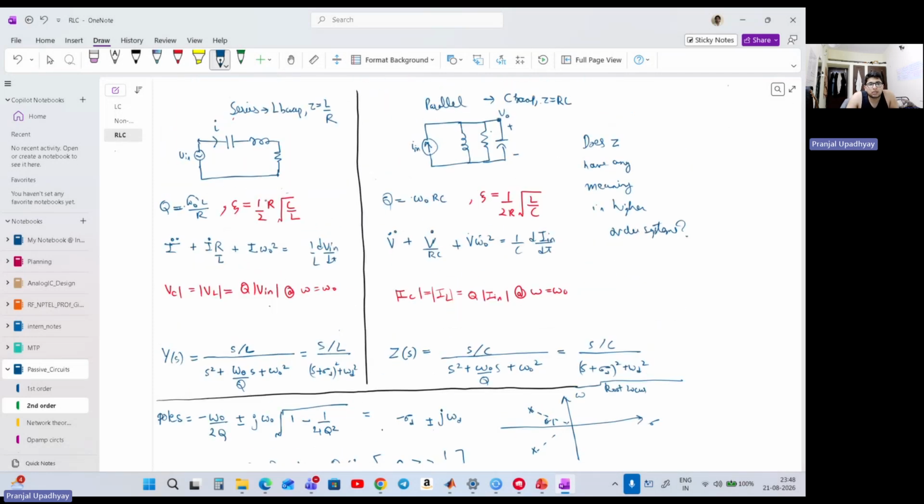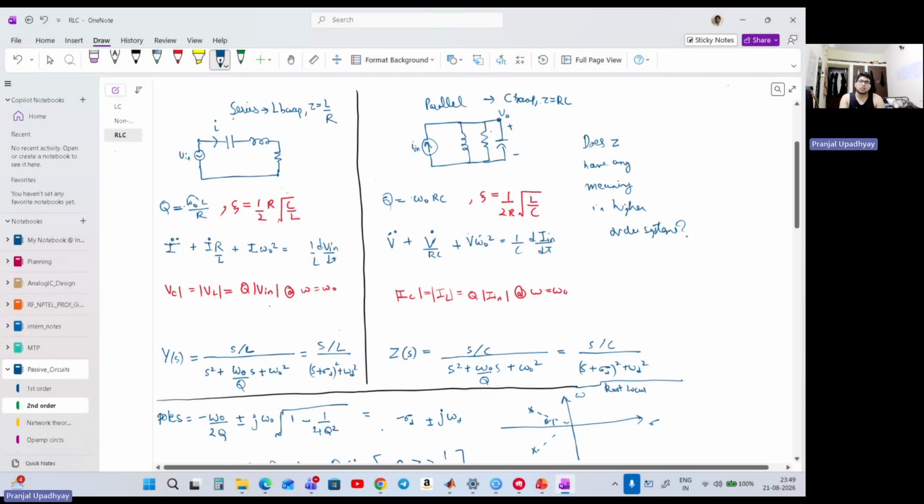So now we can equate the Q factor as omega naught L by R, and from this expression we can derive our eta, or basically the damping factor. Great. Now, this is the equation that we can derive for a series circuit, since we are finding current as the output.